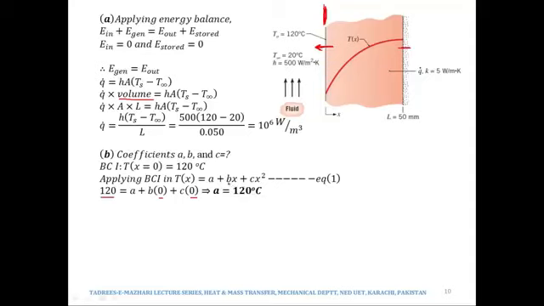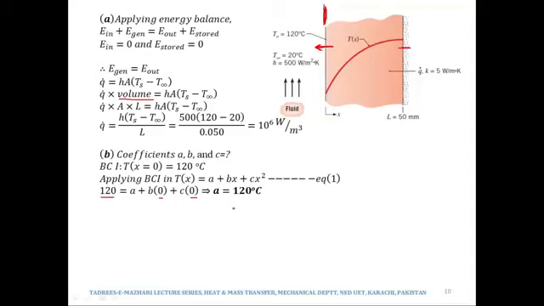The units of B however would be degrees Celsius per meter, and units of C would be degrees Celsius per square meter, so that when we multiply C by x square we get the units of T, and when we multiply B by x we get the units of temperature.